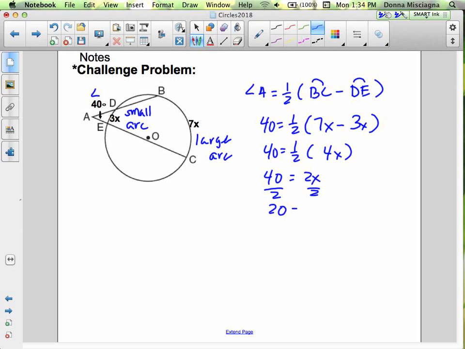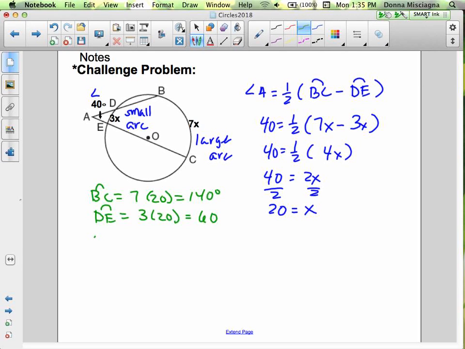So 20 is x, and that means that the measure of arc BC is 7 times 20, or 140 degrees. The measure of arc ED, or DE, whichever you like, is 3 times 20, which is 60 degrees.